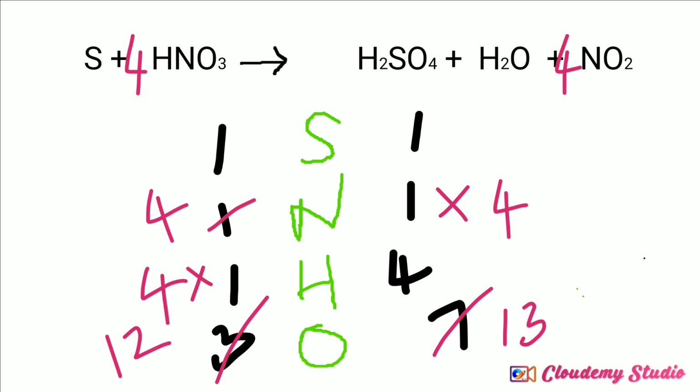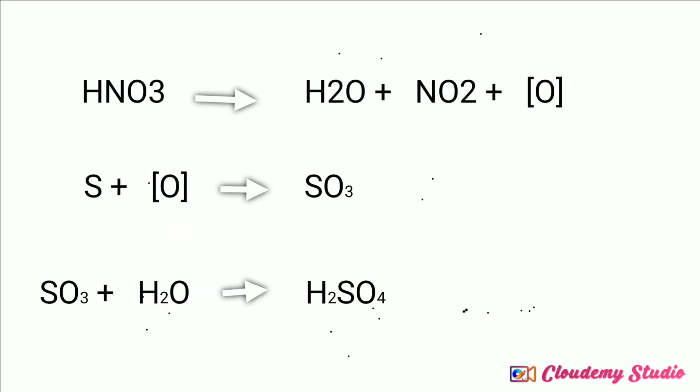The first step, it will supply nascent oxygen atom, that is HNO3 decomposes to give H2O, NO2, and oxygen. This equation we can consider as the first equation. We can number the equation.